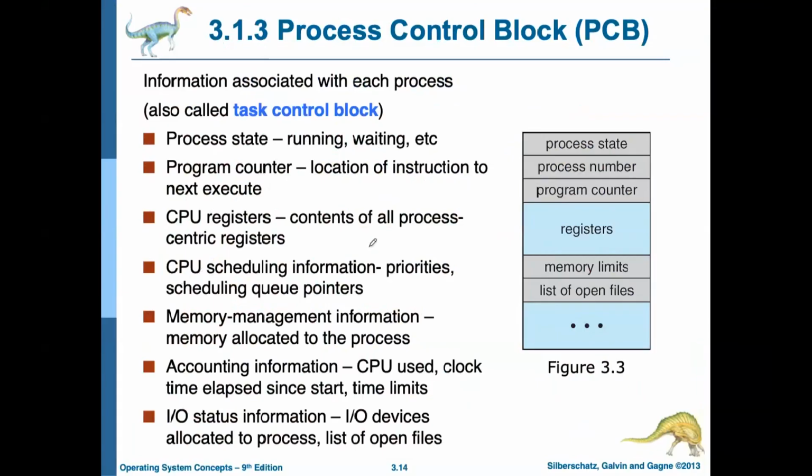CPU schedule information like priorities and scheduling queue pointers. Then we have memory management information, which represents the memory allocated to the process. Accounting information like CPU use, clock times, elapsed start, time limit, all related to time here.